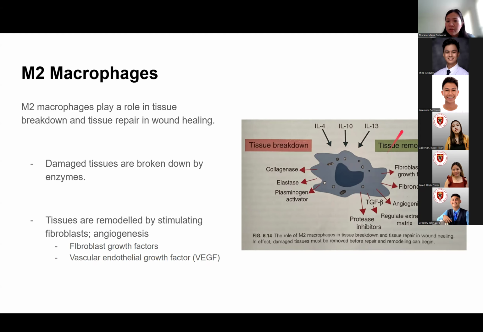The M2 macrophage will release the VEGF along with other components. We have the protease inhibitor, TGF beta, and others to regulate the extracellular matrix. So this will all take part in repairing the tissues, first cleaning up and then repairing.